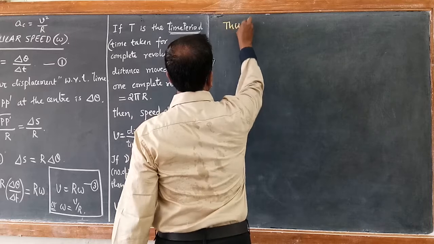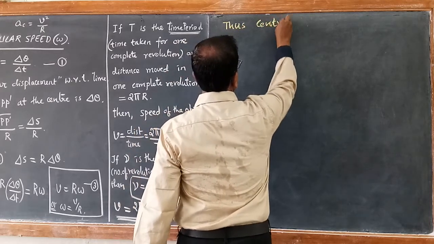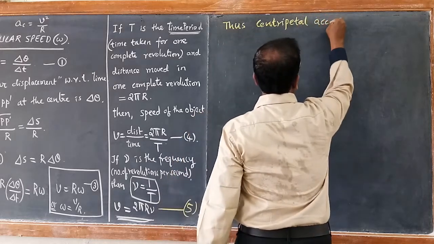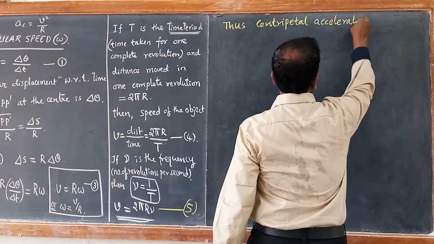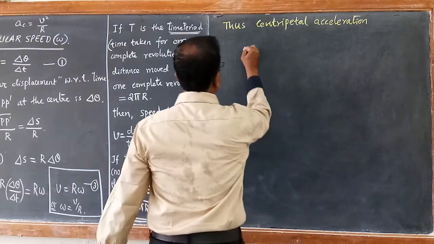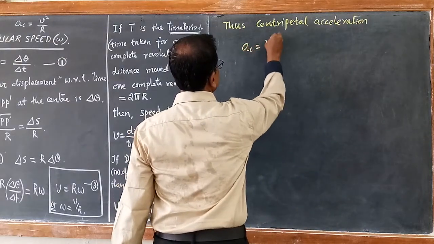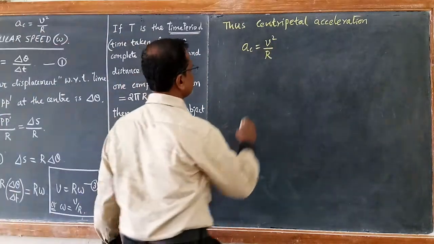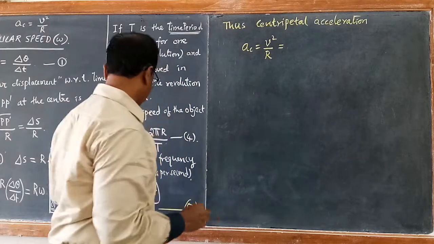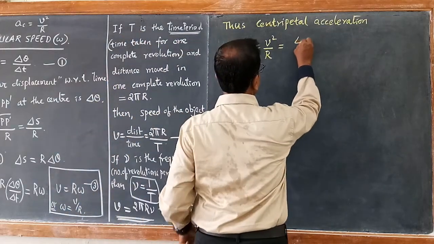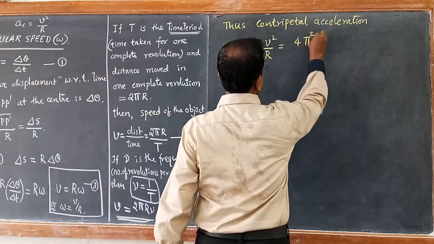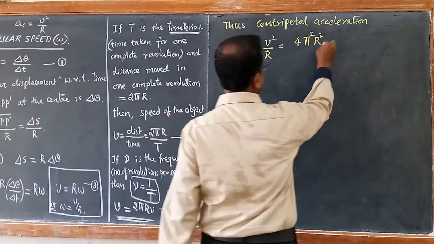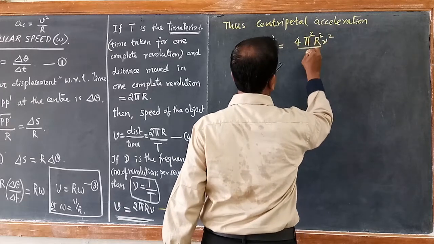Thus, centripetal acceleration a_c, which is equal to v square by r. Substituting this using equation number 5, we get 4 pi square r square nu square by r.